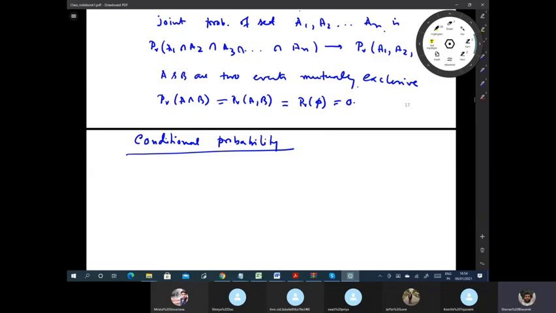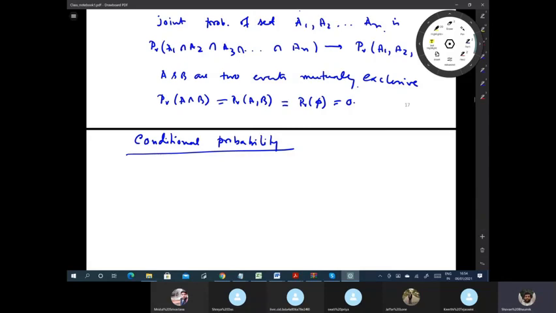But suppose we are drawing a card, and we have 52 cards in a box, and we ask what is the probability of getting a heart, or something. So there is no condition. Now if I say what will be the probability of getting this, provided that we have already drawn a black card or something like that.